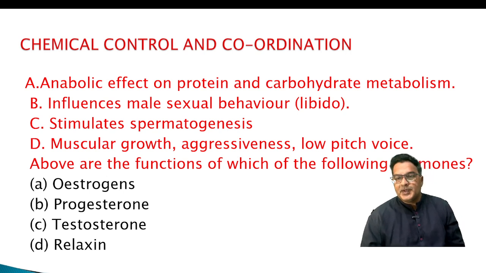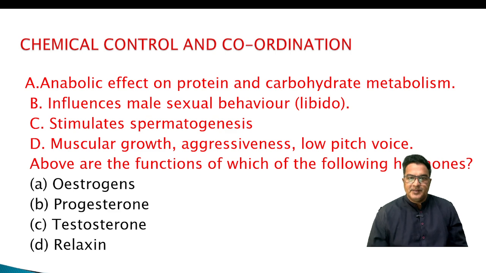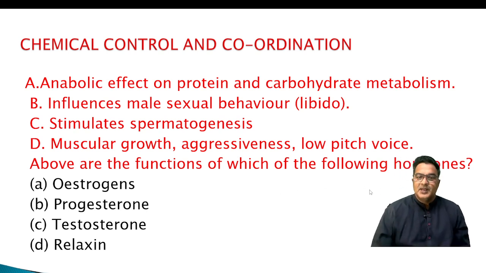Anabolic effect on protein and carbohydrate metabolism, influences male sexual behavior, libido, stimulates spermatogenesis, muscular growth, aggressiveness, low pitch voice. Above are the functions of which of the following hormones? Estrogen, progesterone, testosterone, relaxin.